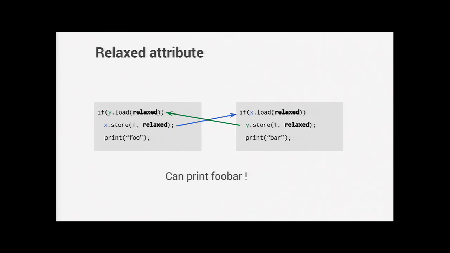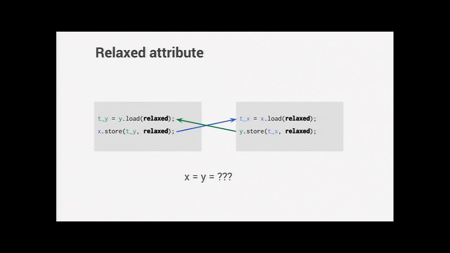If you combine this with the previous example where you can have values that appear out of nowhere, you can even build an example where you have two threads running some code on two linked lists which are completely separate, and the two threads are not talking to each other in any way.